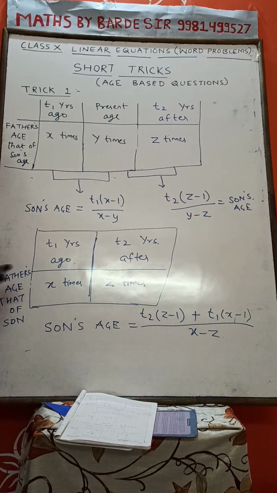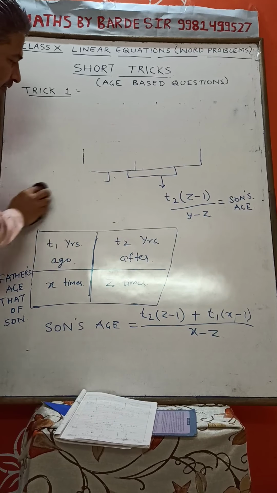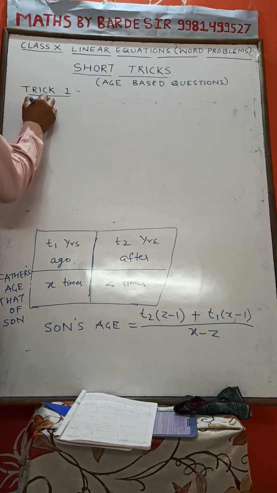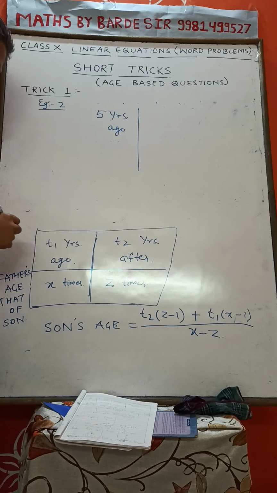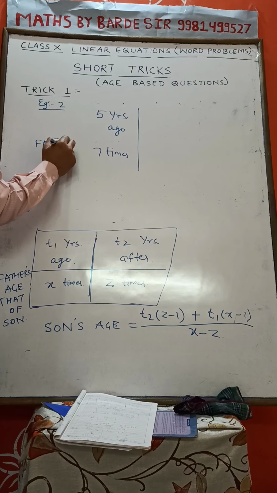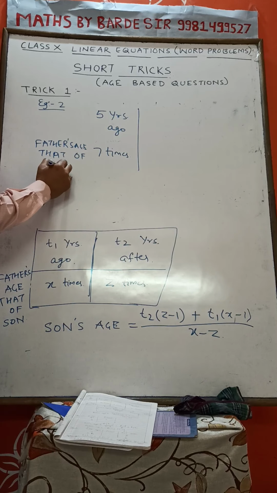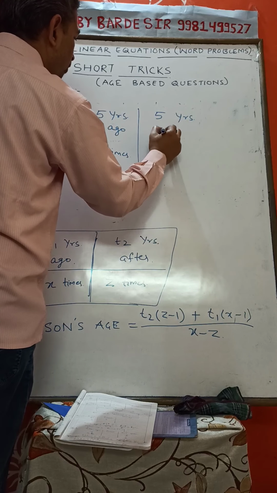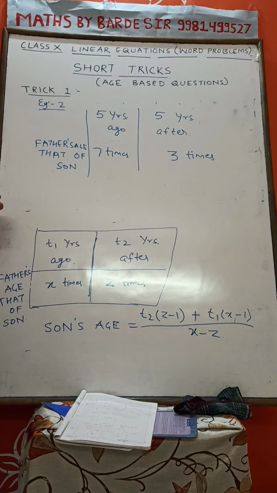We'll take one example to show this. If we are given a question like, example number 2: 5 years ago, father's age was 7 times that of son, and 5 years after, father's age will be 3 times that of his son.